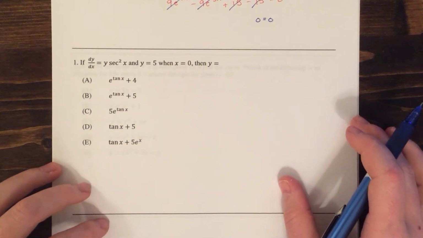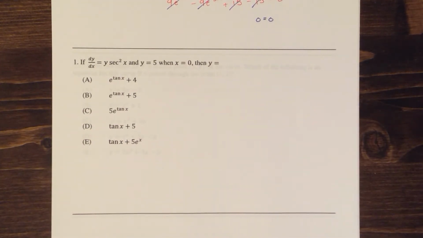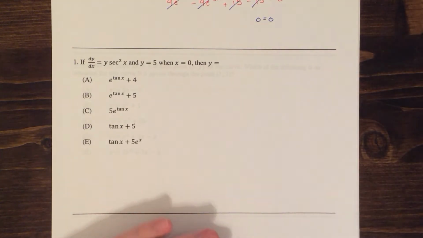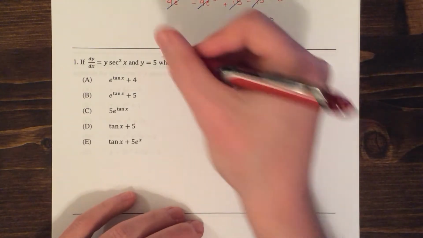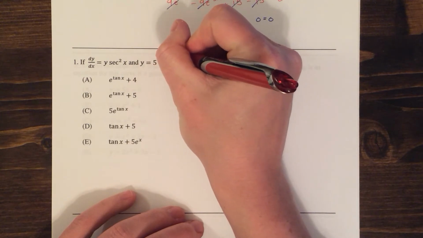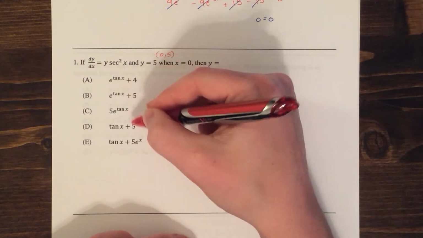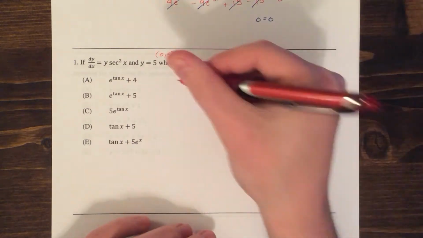Okay, next one here. If dy dx equals y secant squared x and y equals 5 when x equals 0, then what is y? So the first thing that I did on this was plug in this point. So we know that we have this point 0, 5. We can plug in our x values and see if we get the correct y value.